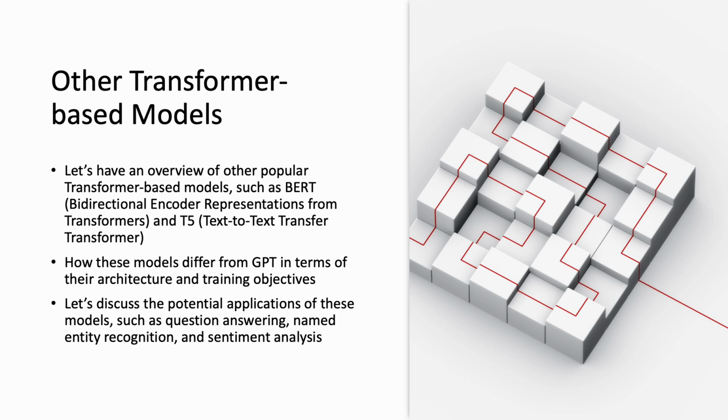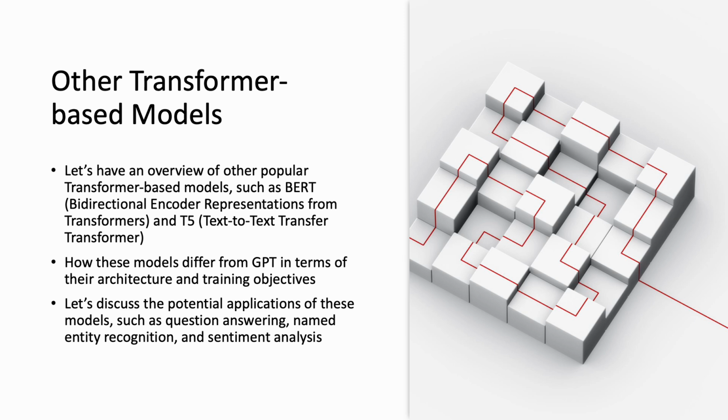Other transformer-based models. Let's have an overview, in a little bit more depth, of Bidirectional Encoder Representations from Transformers, or BERT, T5, the Text-to-Text Transfer Transformer, and all that. BERT and T5 are two popular NLP models based on the transformer architecture.